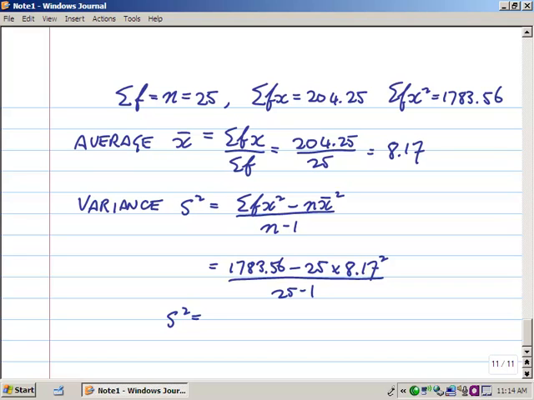And the S squared boils down to 4.785. So that's our variance. And our standard deviation, S, is equal to the square root of that.